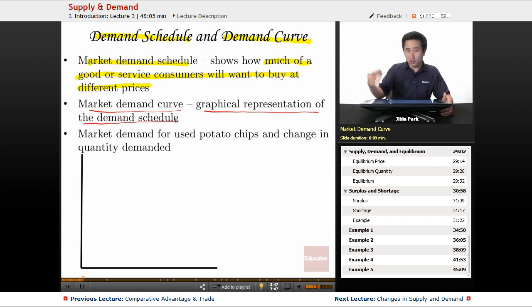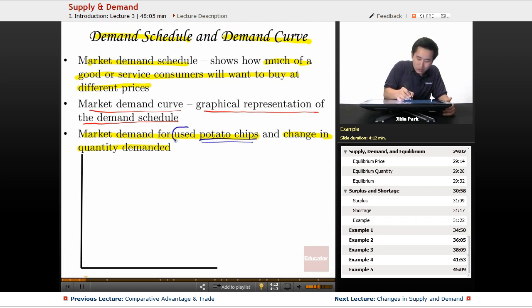So what we're going to do here, with a very simple example, is give a market demand for used potato chips and change in quantity demanded. I actually intended to say regular potato chips here, but let's go with used potato chips.